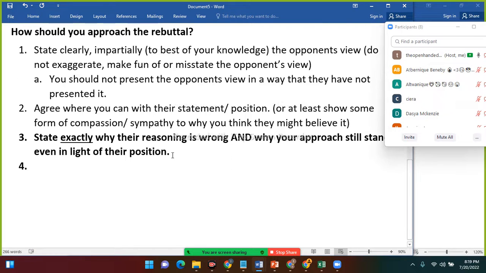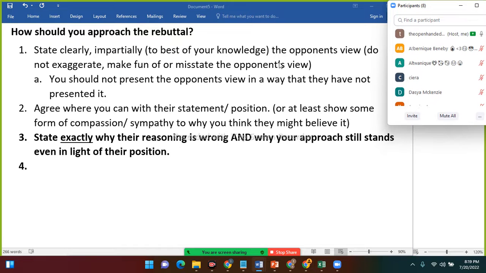Finally, you want to bring a sense of closure by reaffirming your position.